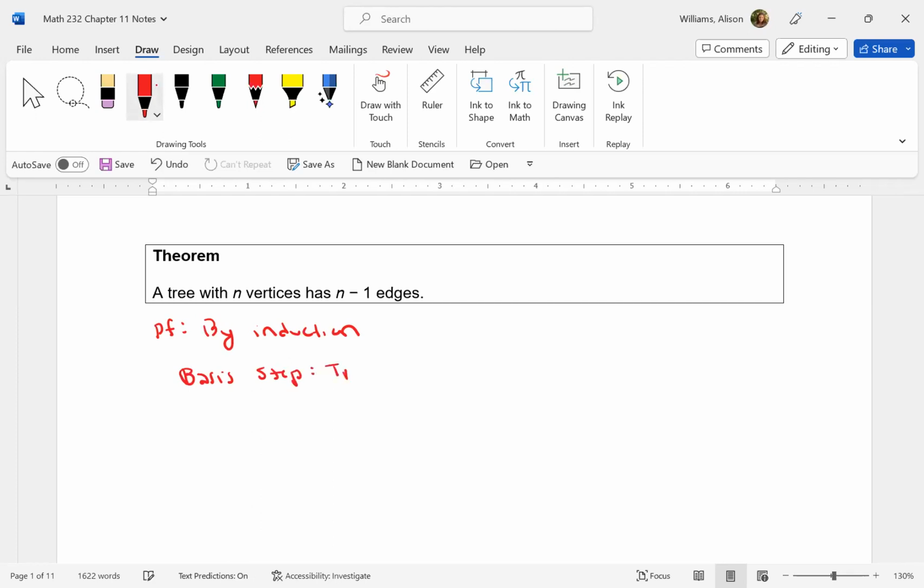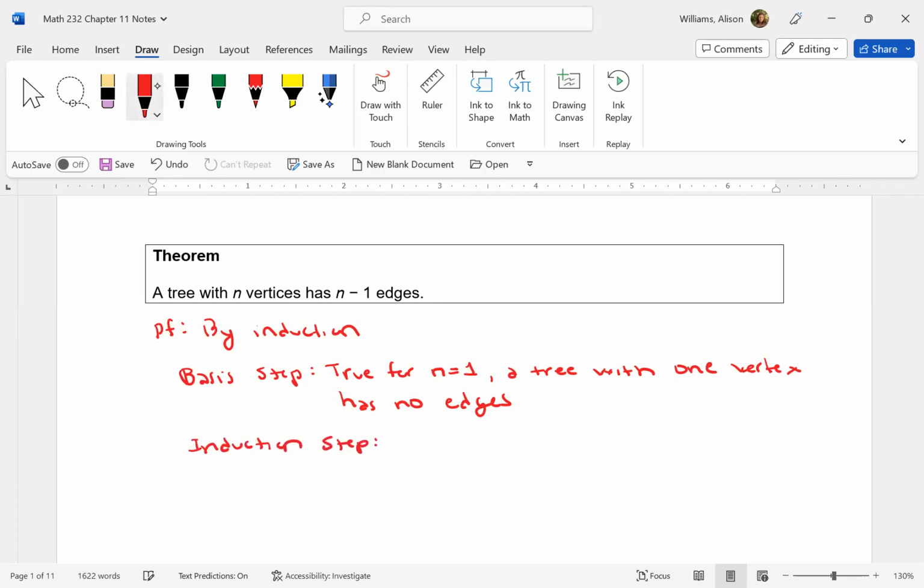This is true for n equals 1, since a tree with 1 vertex, because you wouldn't say vertice, you would say vertex since there's only 1, has no edges. And according to the theorem, this would have 1 minus 1 edges. So done.